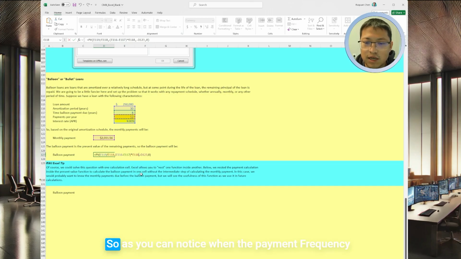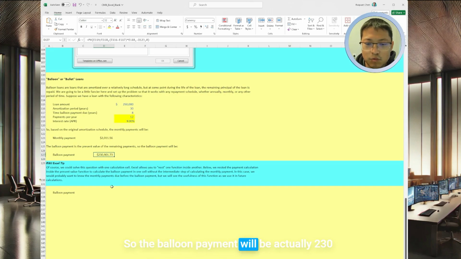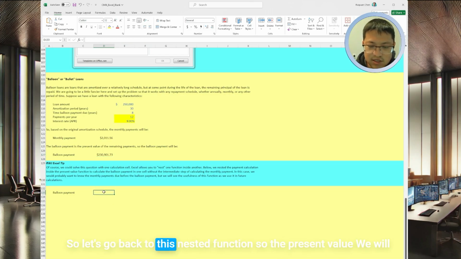So as you can notice, when the payment frequency and the interest rate are quoted in different frequencies, it's very easy to make this kind of mistake. So the balloon payment will actually be 230,901.73, right? So let's go back to this nested function.